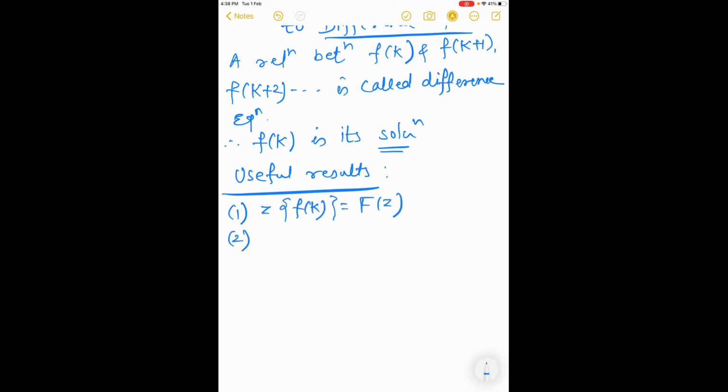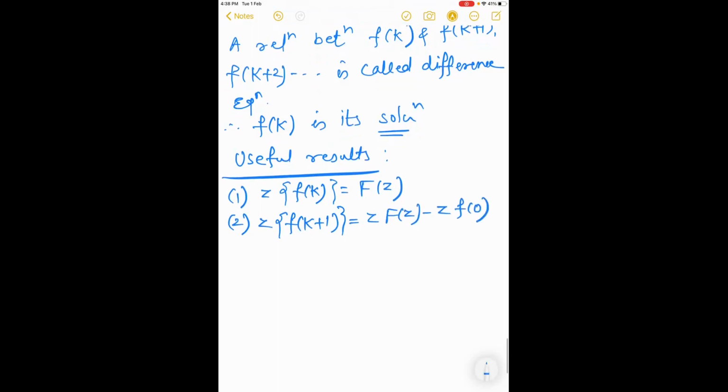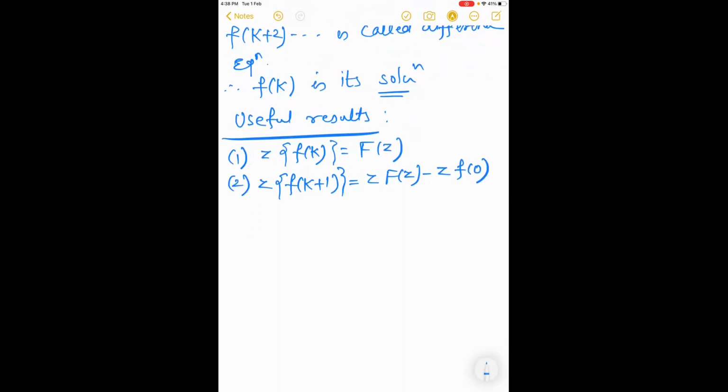Similarly, we can take Z transform of f of k plus 1. Okay, f of k plus 1 displaced function is z into F(z) minus z into f of 0. Where f of 0 means the value of f of k at k is equal to 0.